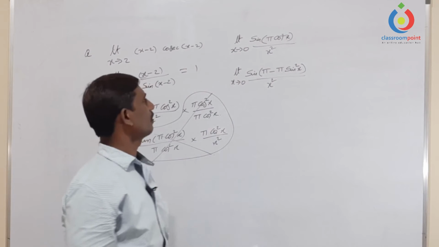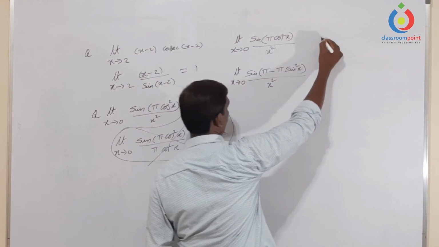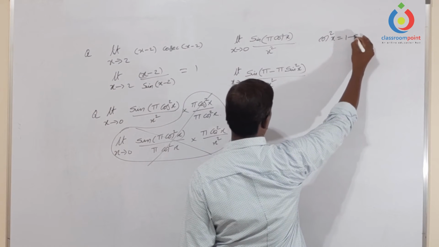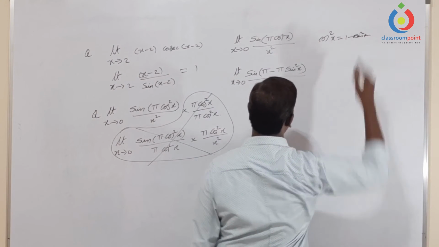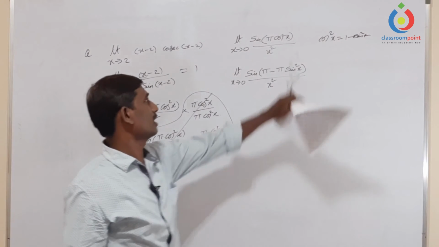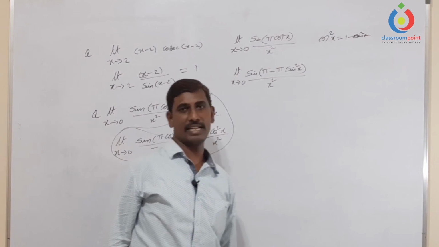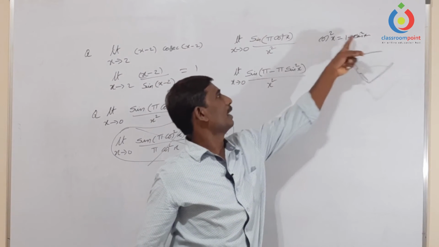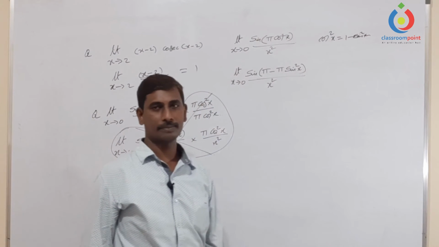Sir, how do we get that? See, by the identity formula, cos square x is equal to 1 minus sin square x. So in the place of cos square, write 1 minus sin square, take pi inside, pi into 1, pi into sin square. This is what we get here.